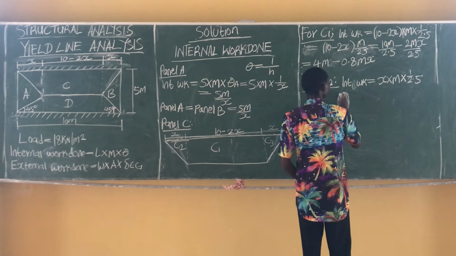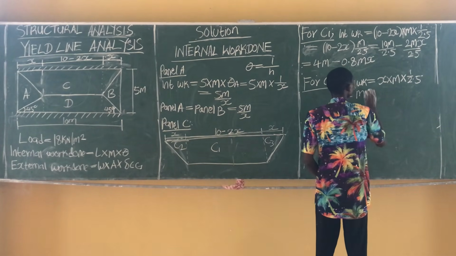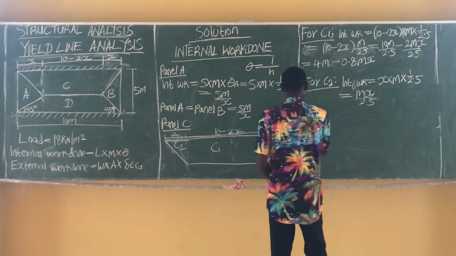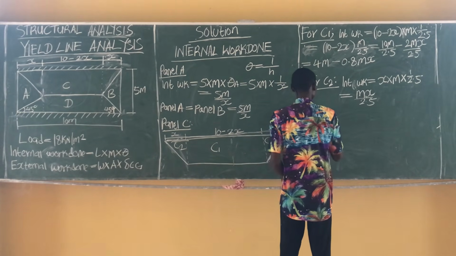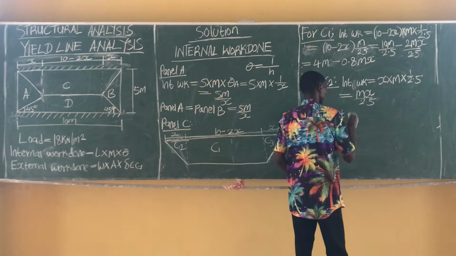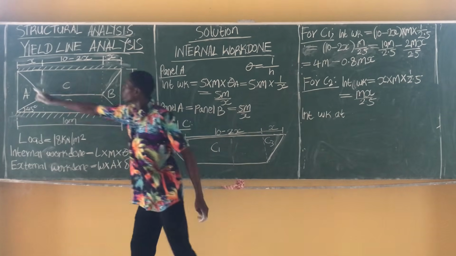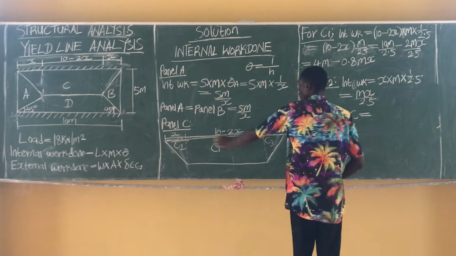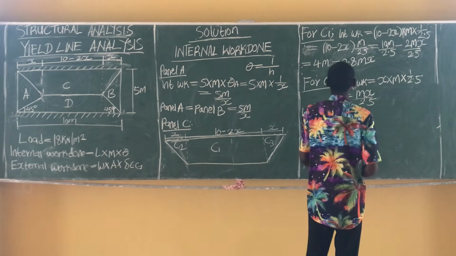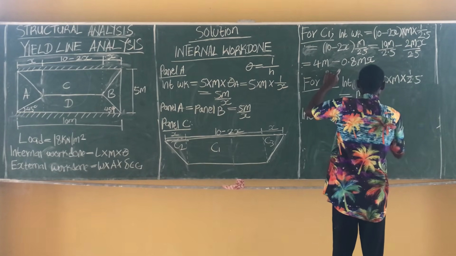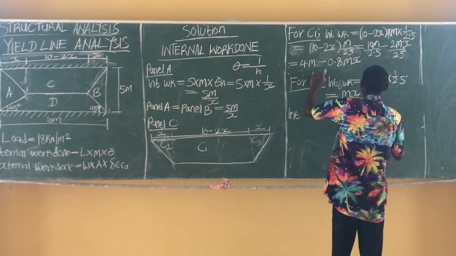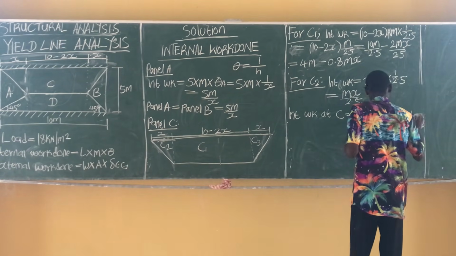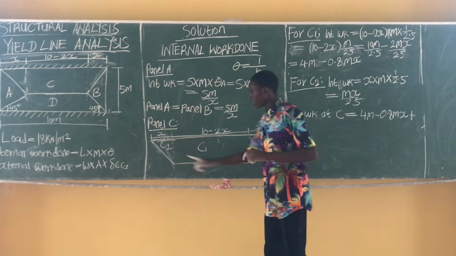Okay, so at this point, we carry out our multiplication. We have internal work done equal to mx all over 2.5. So our internal work done at C, which is this segment, is equal to the internal work done for this rectangular segment, which is 4m minus 0.8 mx, plus the internal work done on this point and this point.